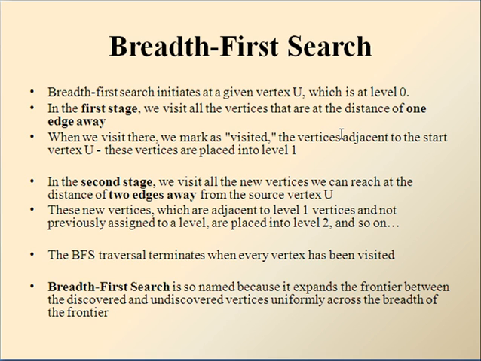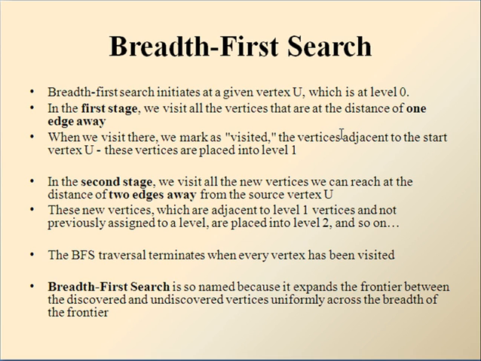In the second stage, we visit all the new vertices we can reach at a distance of two edges away from the source vertex u. These new vertices, which are adjacent to level 1 vertices and not previously assigned to a level, are given level 2 and so on. The BFS traversal terminates when every vertex in the graph is visited.